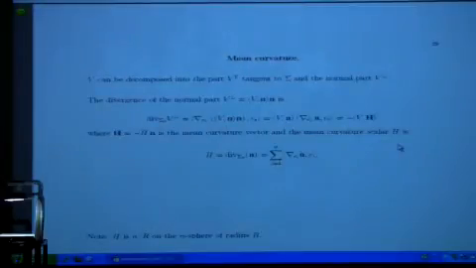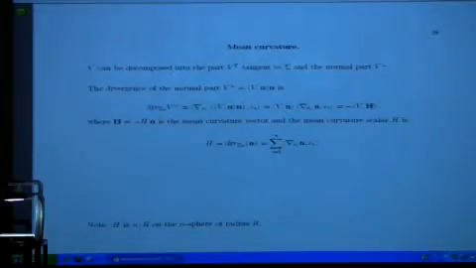Okay, so now this is how we'll get the mean curvature. So the vector field v can be decomposed into the part tangent to sigma, which was called V tangential, and the part normal to sigma, which is V perp. The divergence of the normal part, so V perp, again, this is a hypersurface, so I can just write V perp as being V inner product with the normal times the normal. And now I just compute what the divergence of that is.